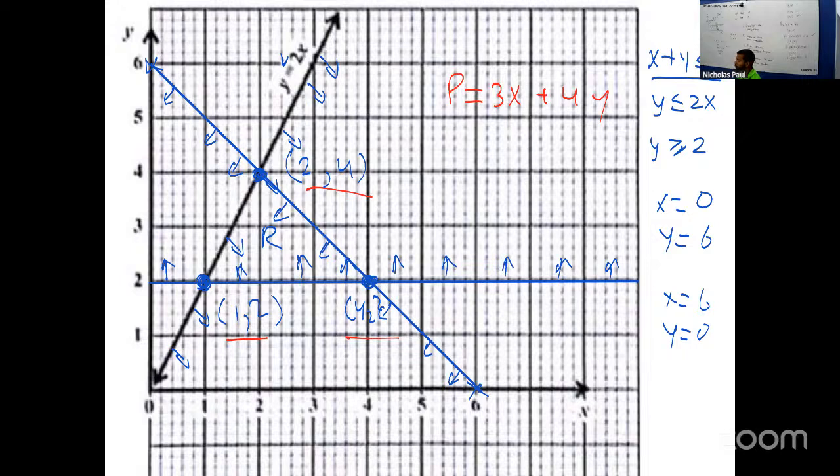Right, which one is max? Which one gives you the largest value? Plug in all. Plug in all and see which one is maximum. This question didn't give you one, I just made it up, right? I wanted you to practice it.